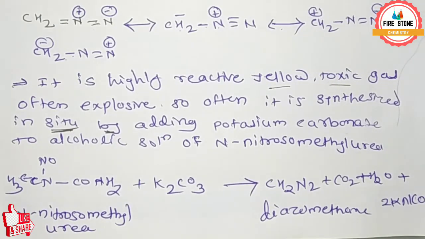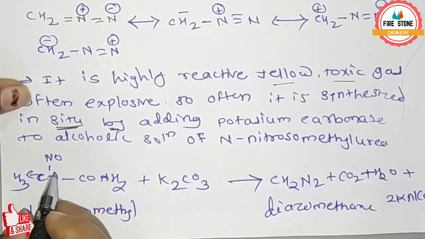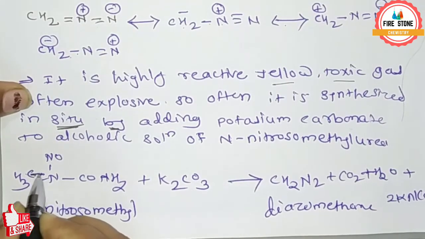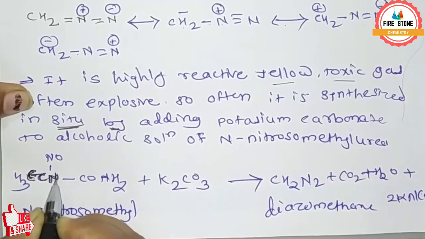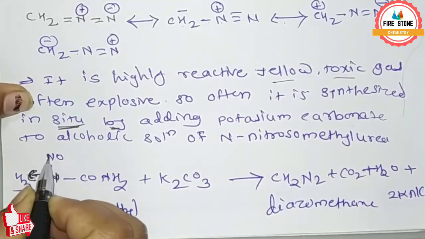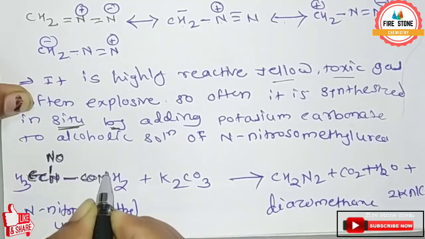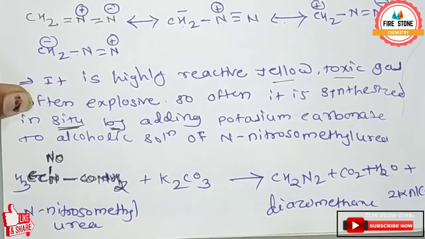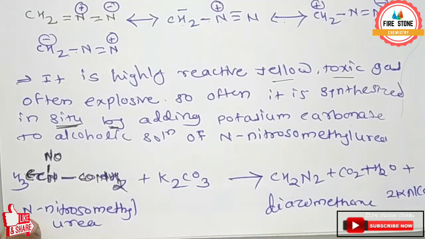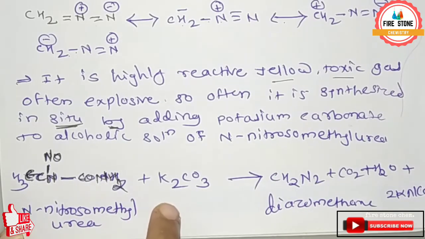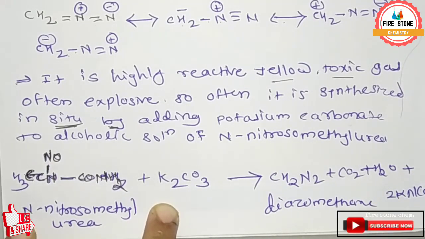So here see the reaction: CH3 N NO CONH2, that is N-nitroso-methylurea, plus K2CO3, that is potassium carbonate.